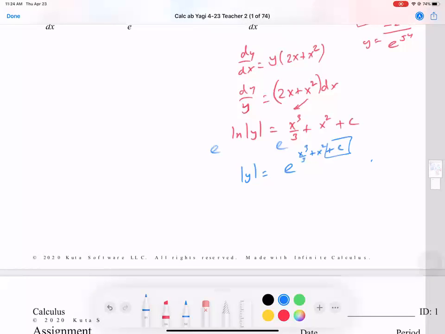We write that as e to the c times e to the x cubed over 3 plus x squared. And we're going to call e to the c just c1, rewriting that as some constant. So absolute value of y is equal to c1 e to the x cubed over 3 plus x squared.